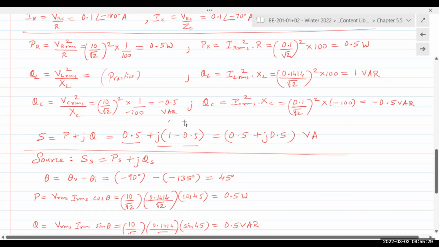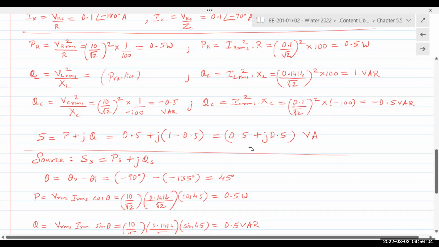And the minus 0.5 is QC. So QL and QC, right, from here. And you get total power is 0.5 plus j0.5 VA, volt ampere.